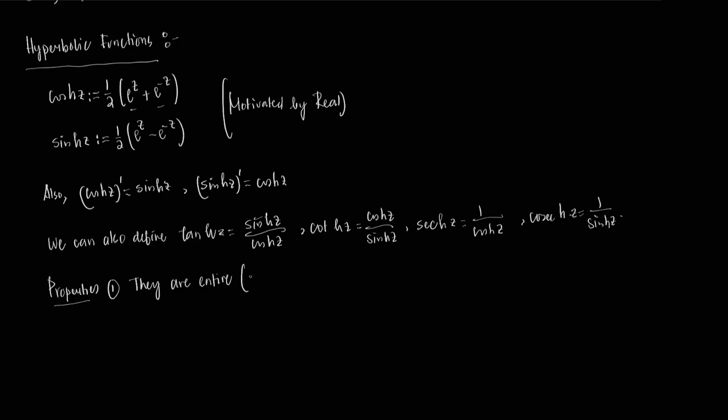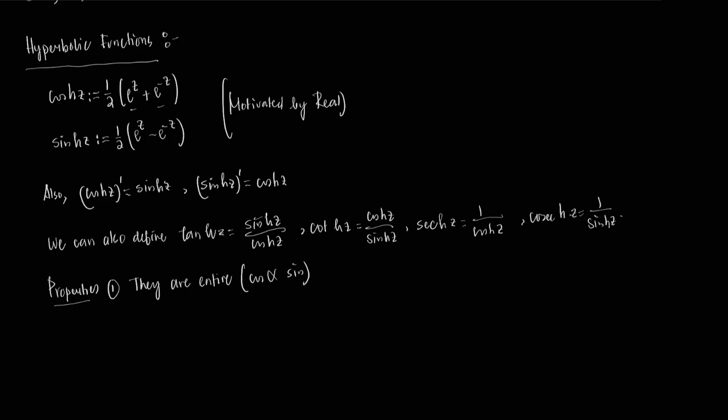What I mean is cosine hyperbolic and sine hyperbolic. Then you have to check whether tan, cot, sec, cosec are entire or not. Of course, they are not, because the denominator may not be defined everywhere. So please keep that in mind.